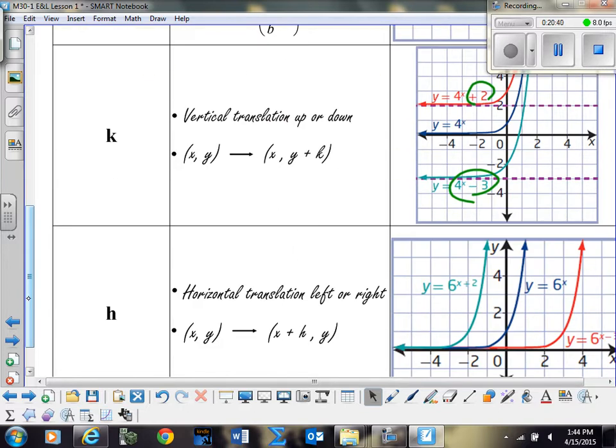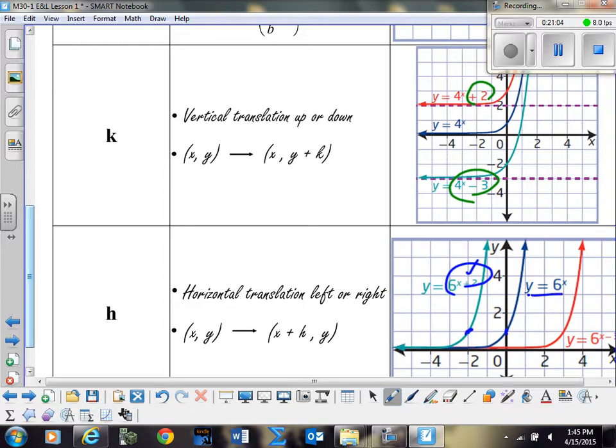If we move left or right, it looks a little bit different because when you have an exponent that is your variable, you see the horizontal h value with the exponent. So if you see 6 to the power of x plus 2, we know the +2 means we're going left 2. So we take our original graph, y equals 6 to the power of x, and move it left 2.